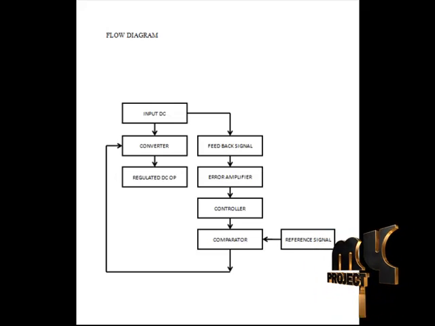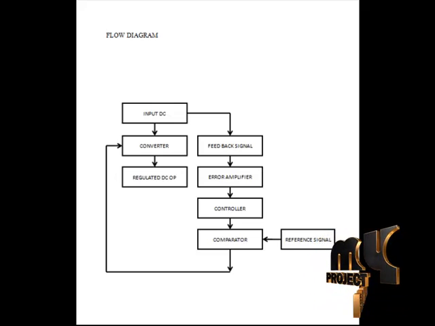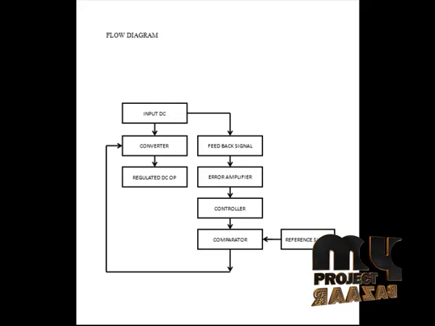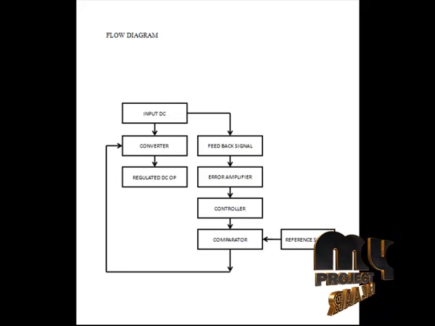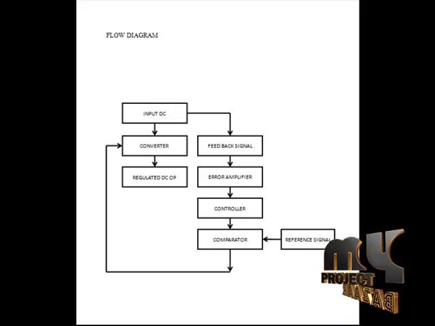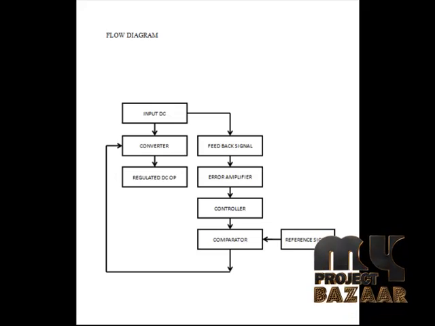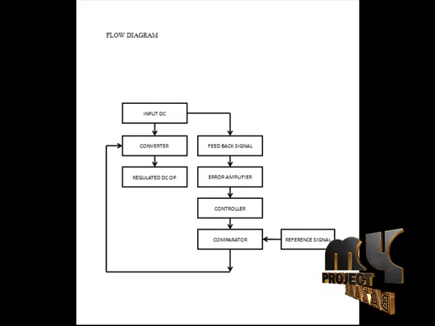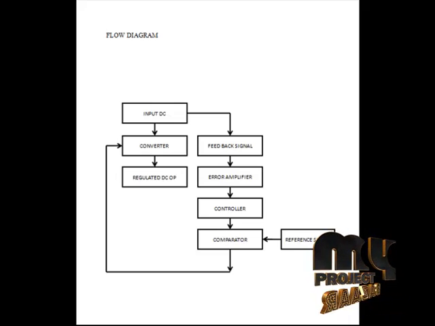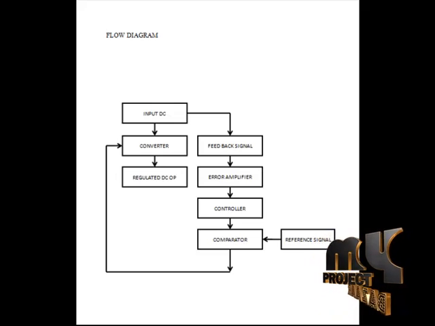Our output will be a boost converter, that means a step up converted DC output. This is fed to the output high voltage DC usage source. Here we give the input as low voltage. For example, we give 200 volts as an input and get 400 volts as an output.